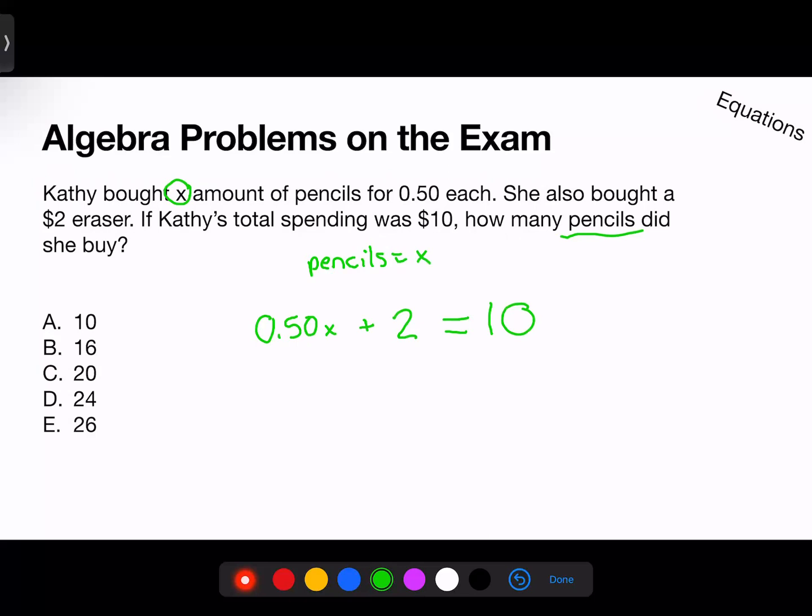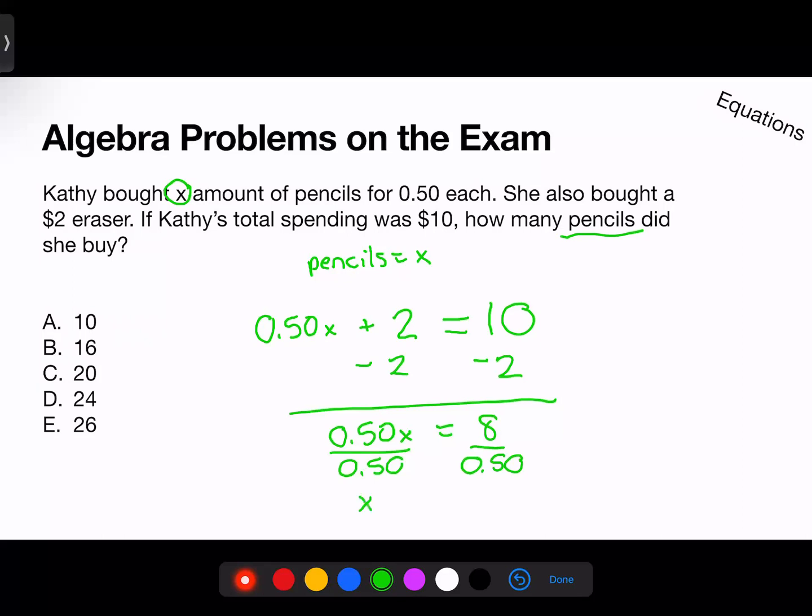I can subtract 2 from both sides, which leaves 50 cents x equals 8. Then I need to divide both sides by 50 cents to completely isolate x. When put in the calculator, 8 divided by 1/2 equals 16, which is choice B.